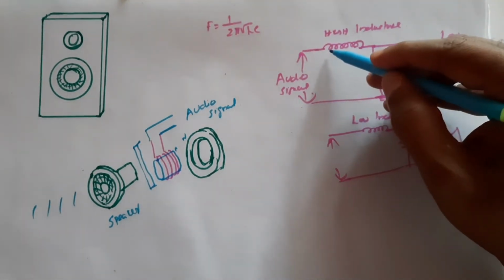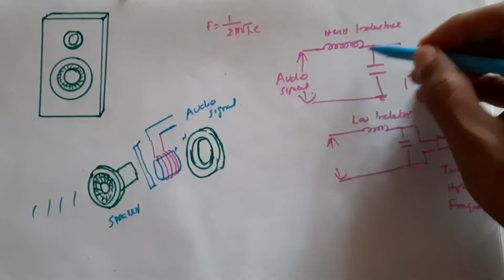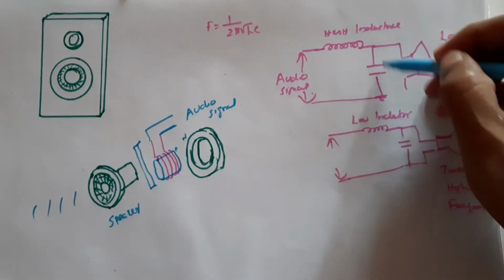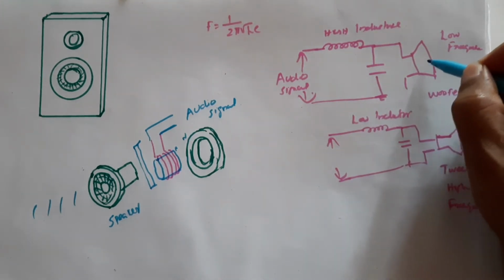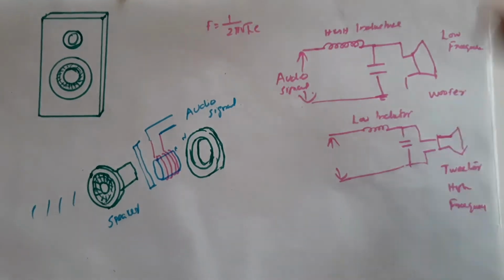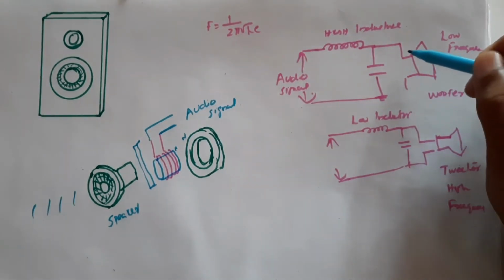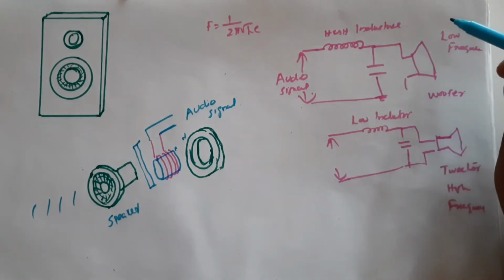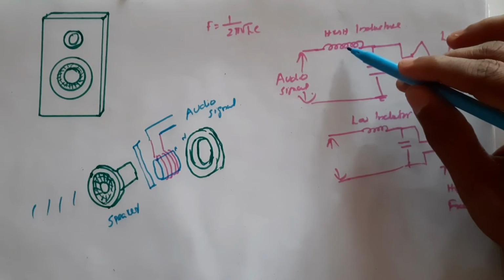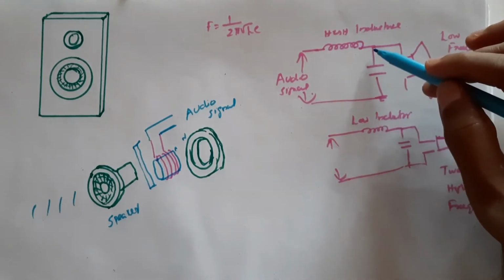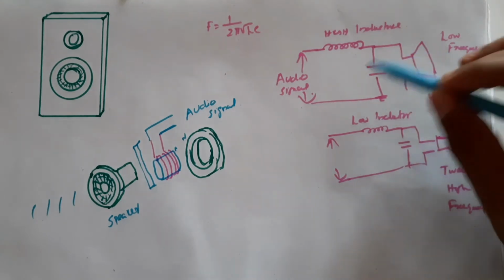But when the frequency is very low, it will act as a short circuit and all the voltage will be applied across the capacitor. So this circuit will provide the output voltage without any distortion at low frequencies. A woofer is used to produce sound of low frequency. So by using a high value inductance, we can drive a woofer.